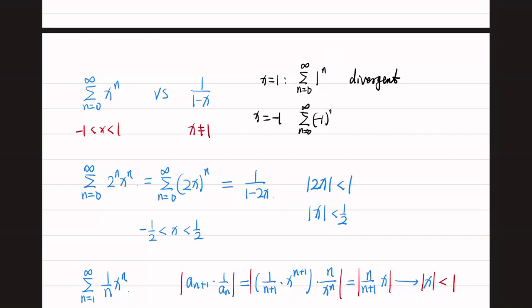Convergent or divergent? Let's check the limit of this sequence. What's the limit when n goes to infinity?